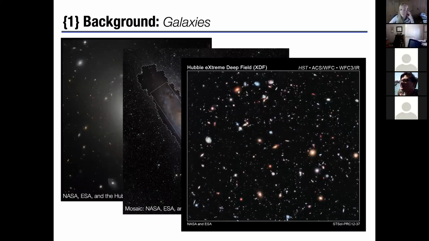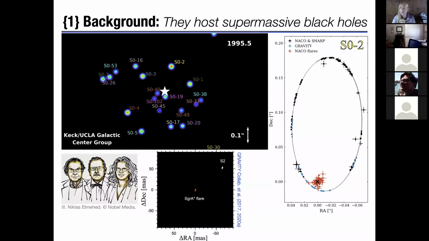their center. And the best evidence for this paradigm is in our own Milky Way. So this work has been very much in the news because it was the topic of the recent Nobel Prize in Physics. But over the last couple of decades, there's been this great effort to track the positions of stars in the center of the Milky Way.